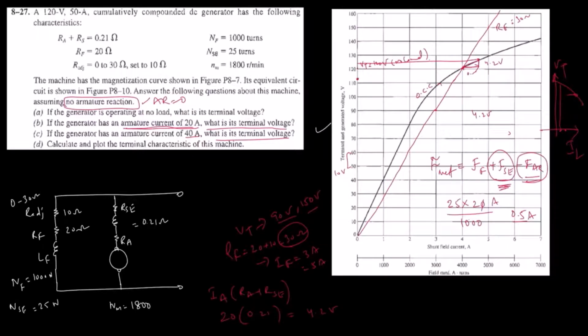So for cumulative compound I have to take into account the shunt and series field MMF like this, right? So if armature reaction is there, then I have to take the combined effect.